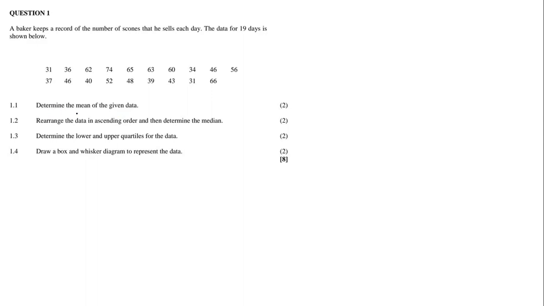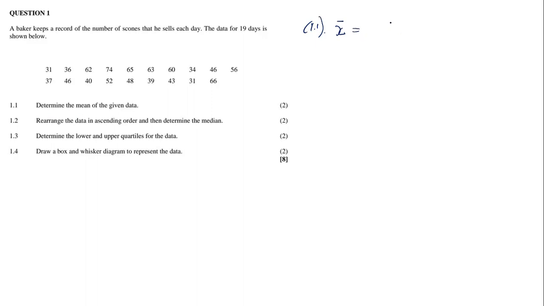When they want you to determine the mean, it is the same as the average. So to answer question 1.1, the mean is represented by X bar. We're going to say the mean of the whole data.